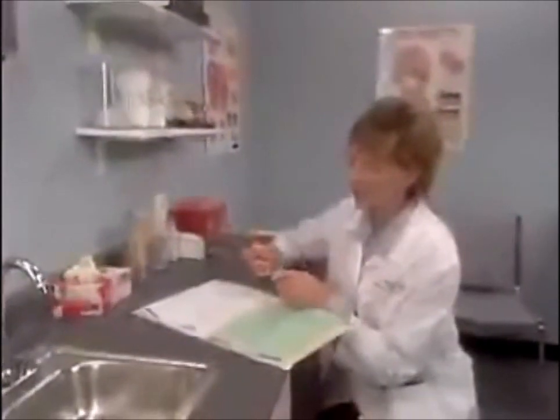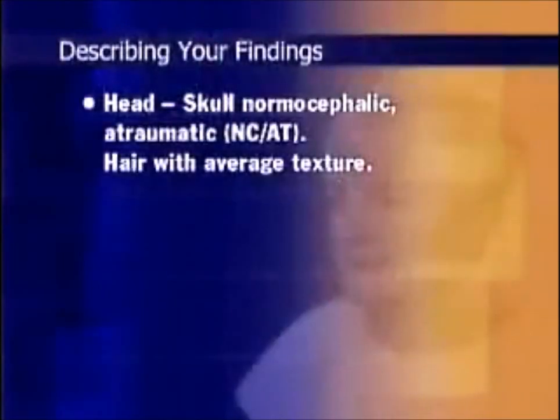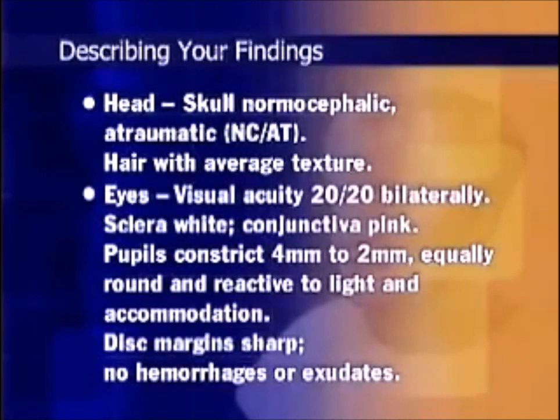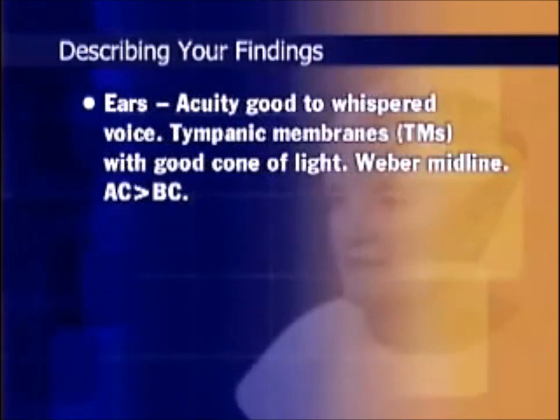For a healthy patient, your write-up might include language such as head, skull normocephalic and atraumatic, hair with average texture, eyes, visual acuity 20/20 bilaterally, sclera white, conjunctiva pink, pupils constrict 4 mm to 2 mm, equally round and reactive to light and accommodation, disc margin sharp, no hemorrhages or exudates, ears, acuity good to whispered voice, tympanic membranes with good cone of light, Weber midline, AC greater than BC.